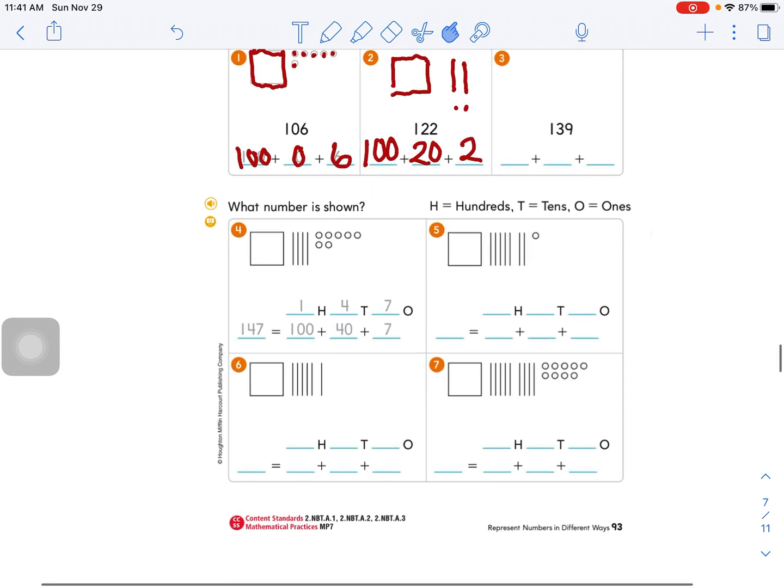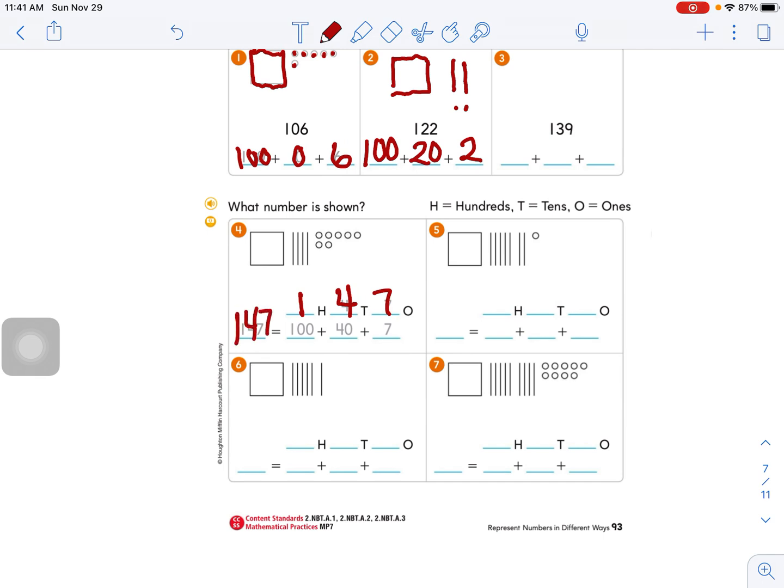So I have 100, 4 tens, and 7 ones. 147 equals 100, 4 tens equals 40, and 7 ones equals 7.